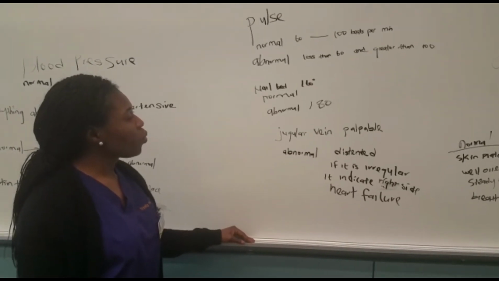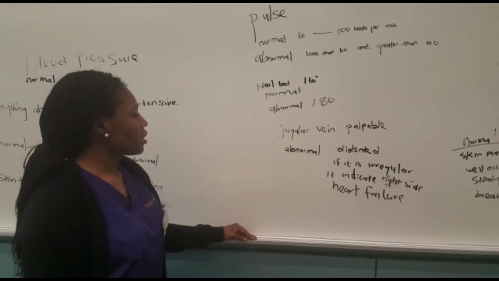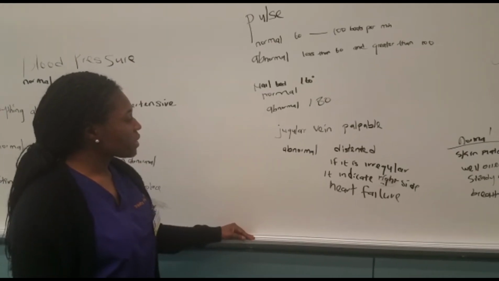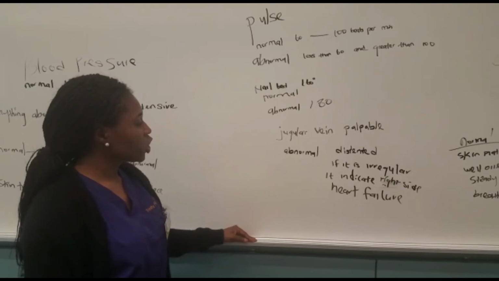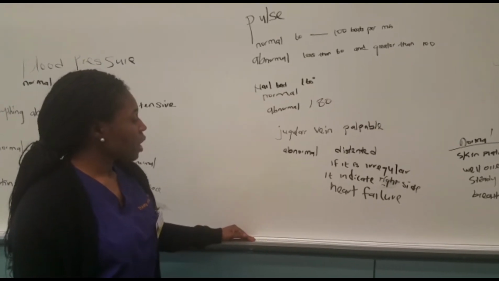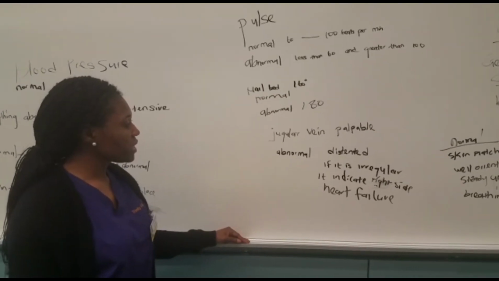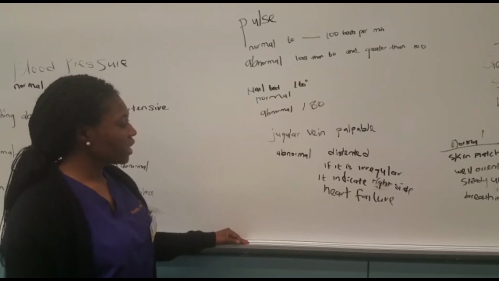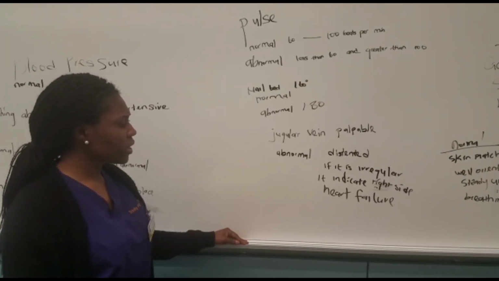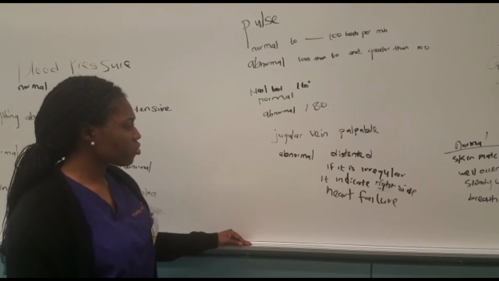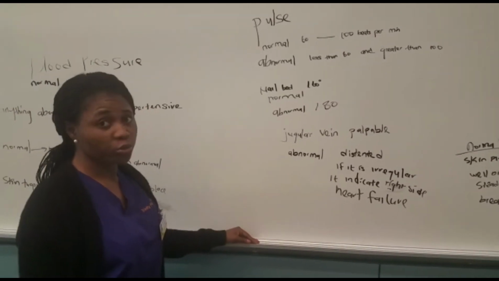Abnormal will be 180. The jugular vein should not be visible. Abnormal sign will be distended jugular vein. If it is distended, it indicates right side heart failure.